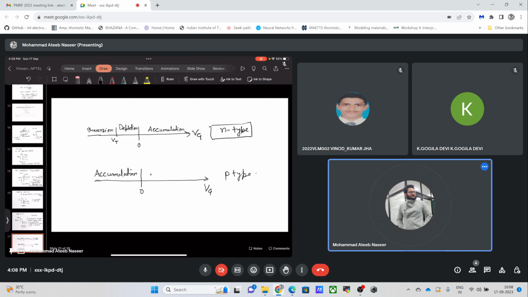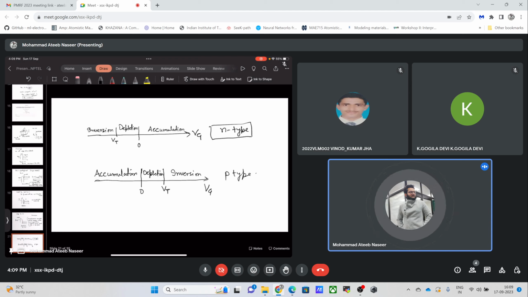A small Vg would mean we will be having the depletion of carriers at the interface up to a particular threshold voltage, and after that, when the onset of inversion has occurred and we are applying more positive bias to this p-type, we will be having the inversion at the interface.